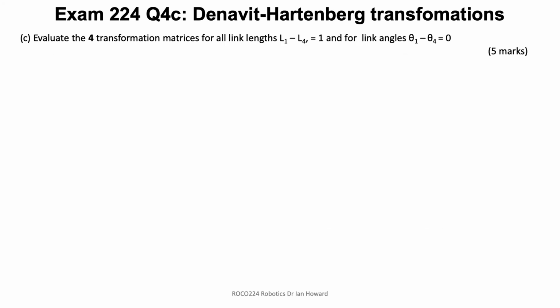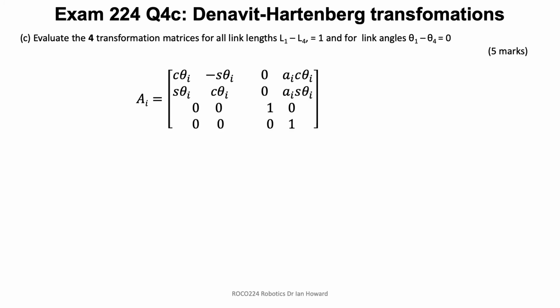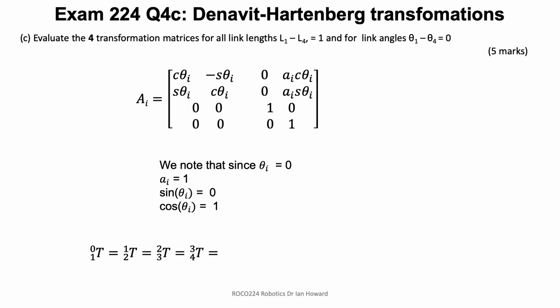Then what we want to do is evaluate all of these for link lengths of 1 and link angles of 0. So again, that simplifies things a bit. So now we've got the fact that theta is 0, A is 1, that means sine theta is 0, cosine theta is 1. This leads to a nice simple result then for all these values, that we have this simple matrix.